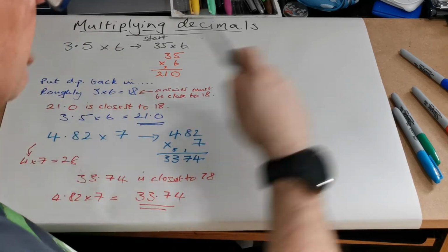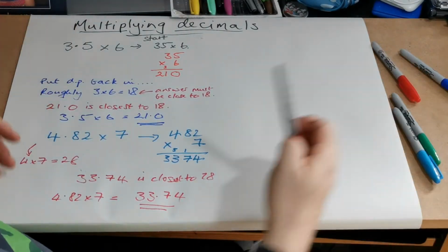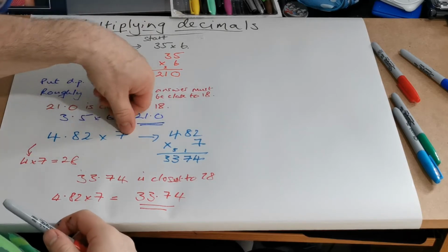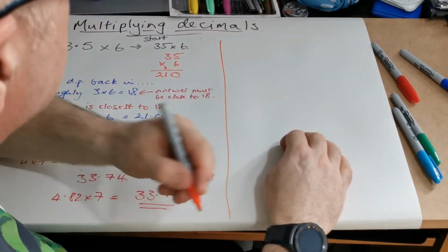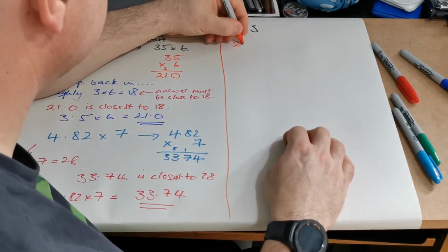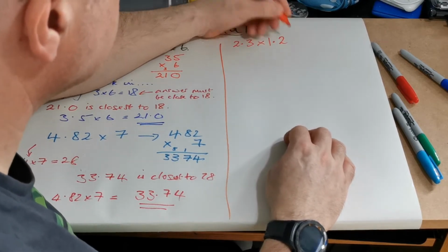Now this pattern holds when we come to look at multiplying a decimal by a decimal. Here you can see I've used an integer, which is a whole number, times a decimal. But what about if we were to do a decimal times a decimal? So for example, 2.3 times 1.2.